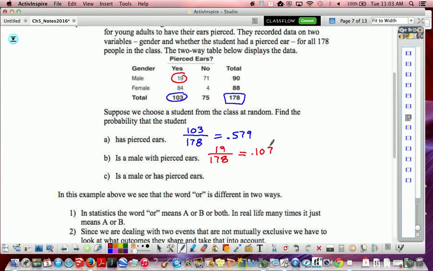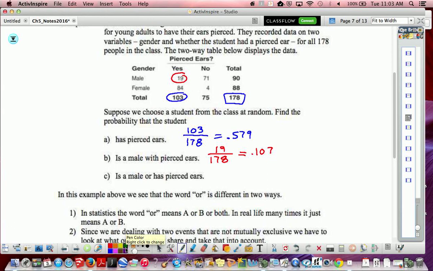Now the third one. This one gets a little bit trickier. Is a male or has pierced ears? How many people qualify for being a male or have pierced ears? 174. How would you get 174? There's 90 males.